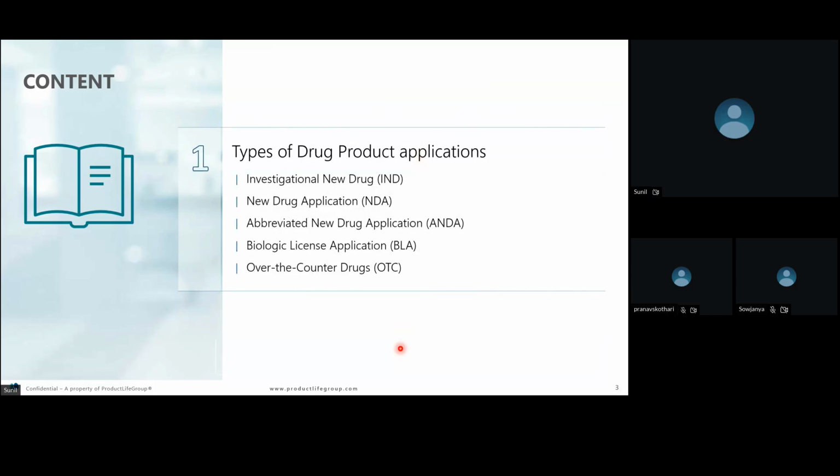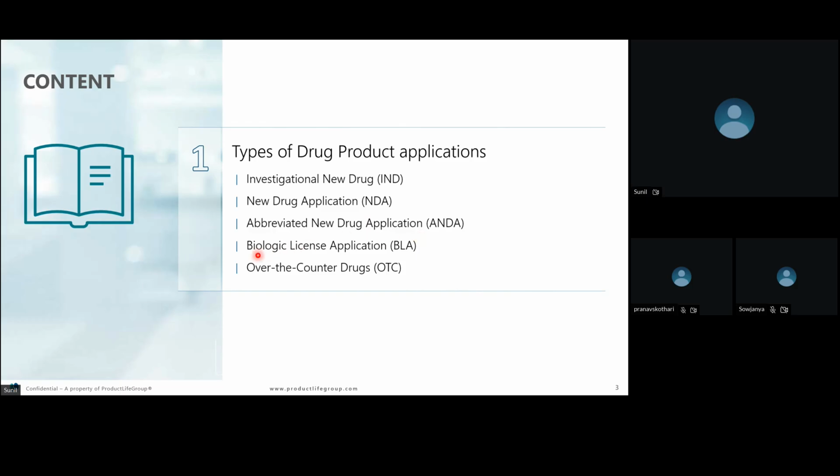So in the US, basically there are 5 types of applications for pharmaceutical products. We are focusing on pharmaceutical products today. So the main 5 types of applications are IND, that means investigational new drug; NDA, that is new drug application; ANDA, most popular amongst Indian pharma companies, abbreviated new drug application, that is for generic products.